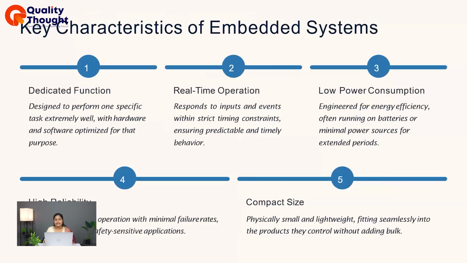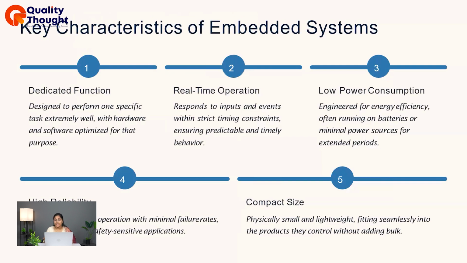Now coming to the key characteristics of an embedded system. It does a dedicated function, as I already told you, and real time operation. For example, if a car crashes, the airbag opens automatically within milliseconds. If the airbag does not open, the people in the car won't survive.